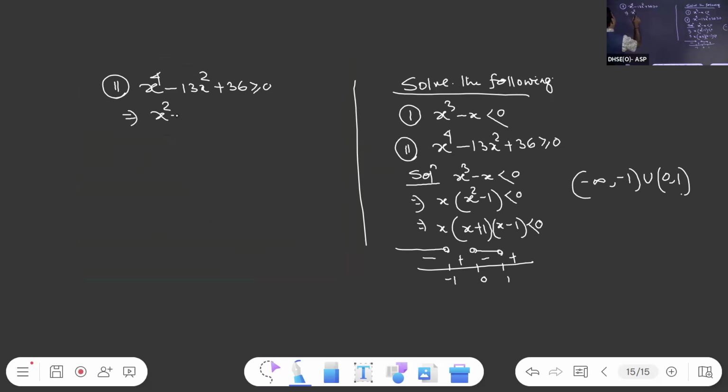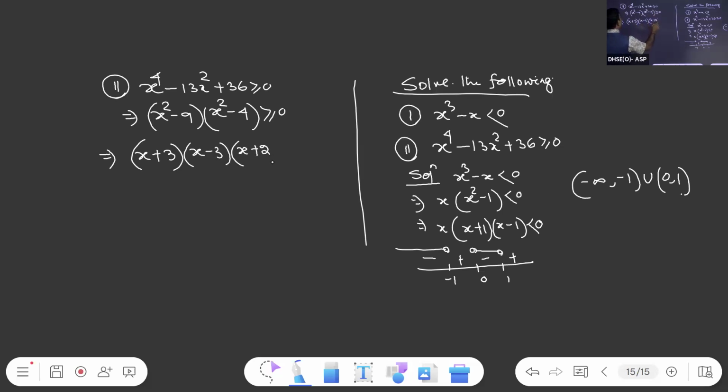This implies x square minus 9 into x square minus 4 greater or equal to 0. This implies x plus 3 into x minus 3 whole into x plus 2 into x minus 2 greater or equal to 0. What are the critical points?